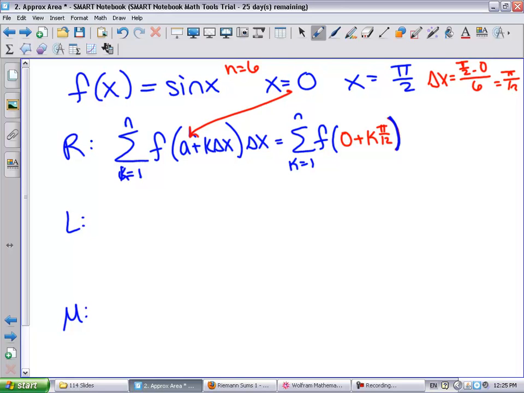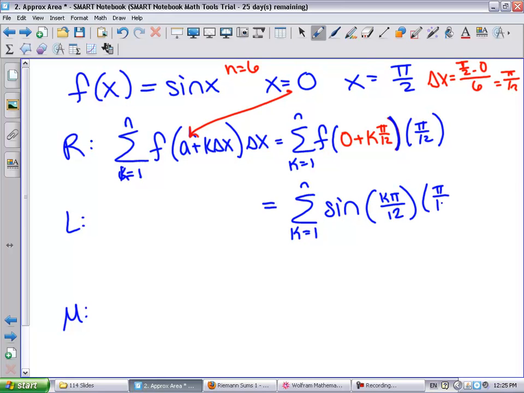And then just your width outside of that. So the width is pi over 12. And then the last thing we need to do is actually plug in the point to our function. So the final answer is going to look like the sum, k goes from 1 to n, of sine, because that's our function, of k pi over 12 times a pi over 12 here outside of the sine. So there's your right Riemann sum.